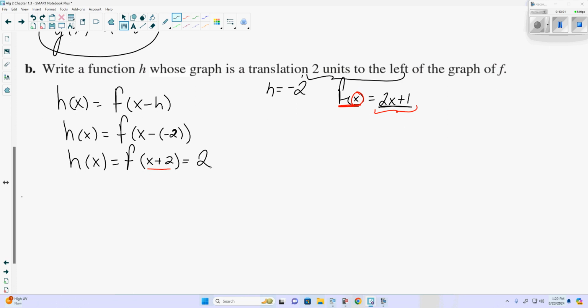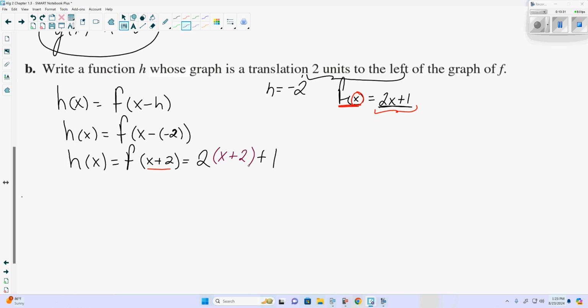So the 2 in front of it will still be there. The plus 1 is still going to be there. But the x is going to become x plus 2. We're just changing the x to x plus 2. Anything that's being multiplied by the x stays. Anything that we have applied to the x is still going to stay.